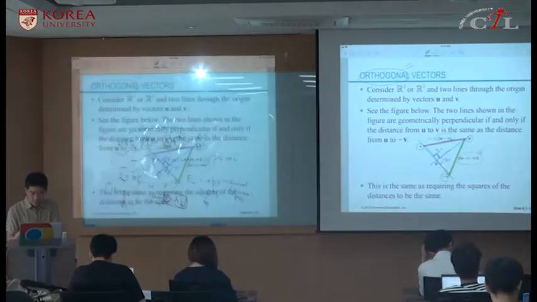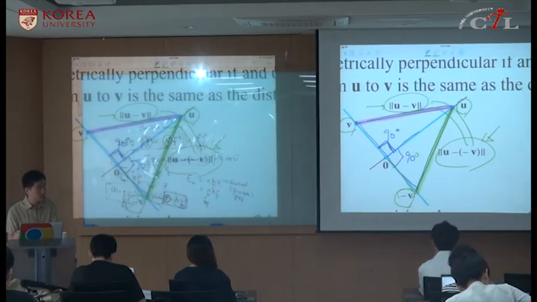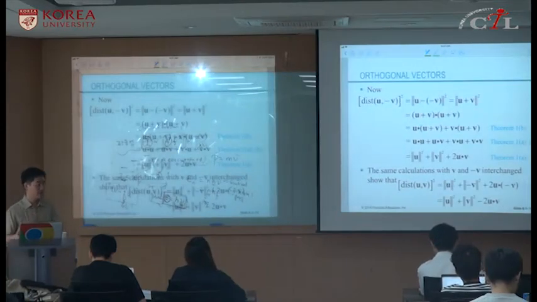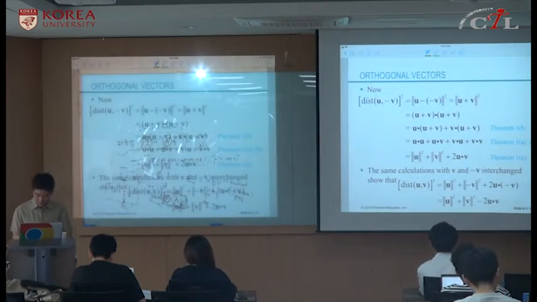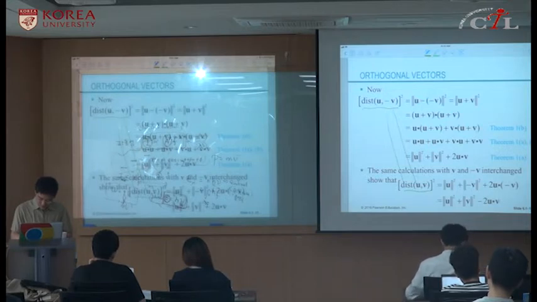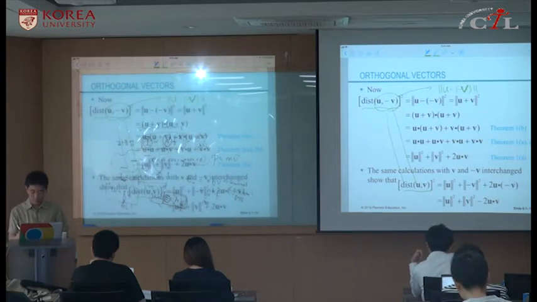Okay, and then let's just equate these two elements, and then evaluate these two equations. So we want to make these two the same. It's like the norm of u and minus v. That is the definition of the distance between the two vectors.